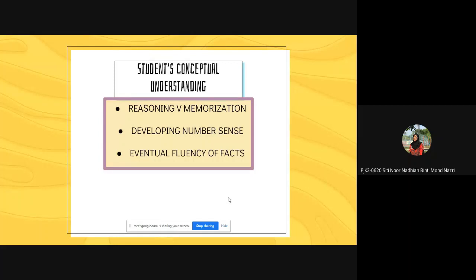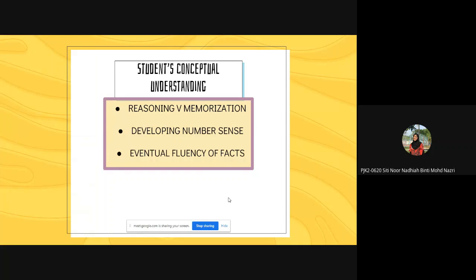Okay, next is student conceptual understanding. We have 3 points, which is first, reasoning versus memorization. In multiplication, mostly when we are in primary school, we use memorization, which is we memorize the facts.